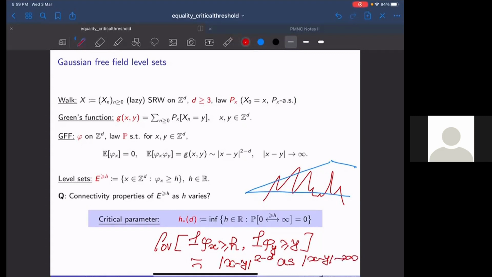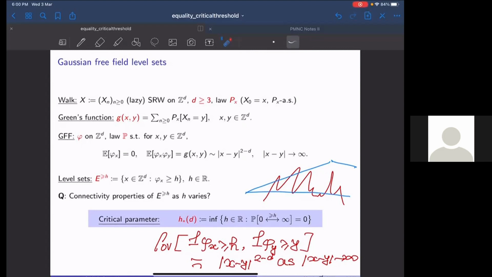Good. And you similarly define the critical height, but the direction is opposite. That's why you have infimum instead of supremum. h*(d) is just the critical height above which, if you increase the height further, you will have no connection with probability 1, and below which you will have an infinite cluster.